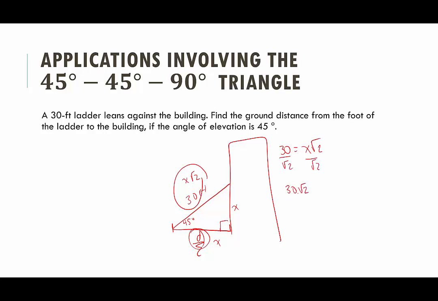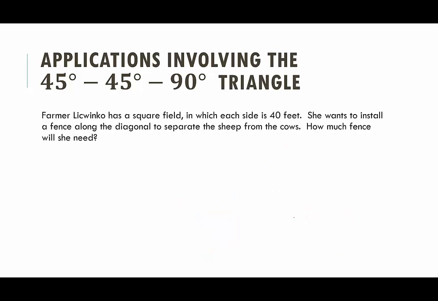We're going to have 30 radical 2 over radical 2 times radical 2. This would be 30 radical 2 over 2, which equals 15 radical 2. So the end of the ladder is 15 times the square root of 2 feet from the building itself.